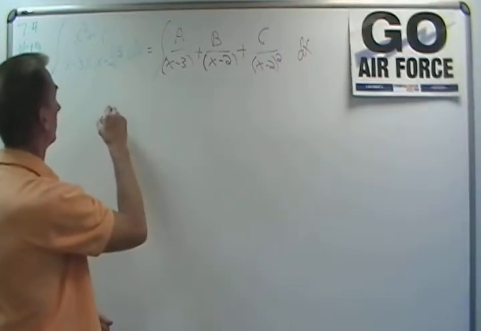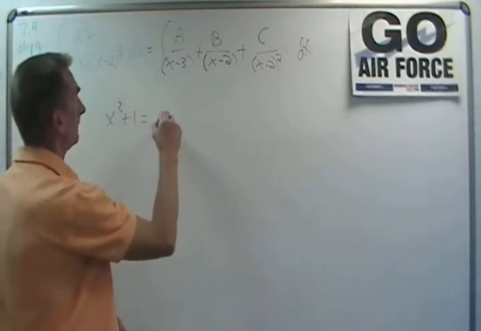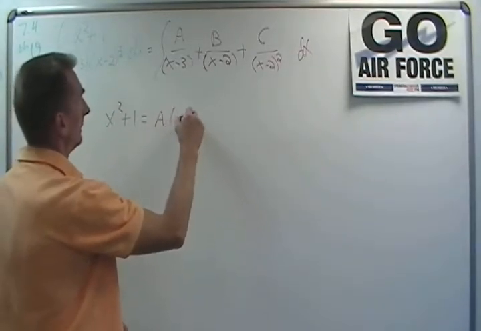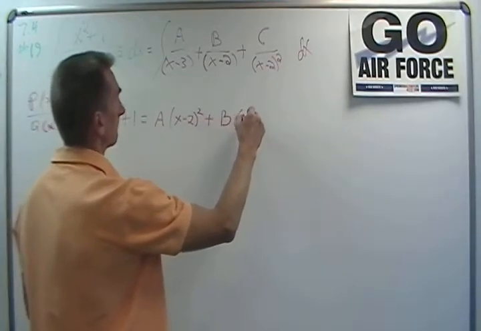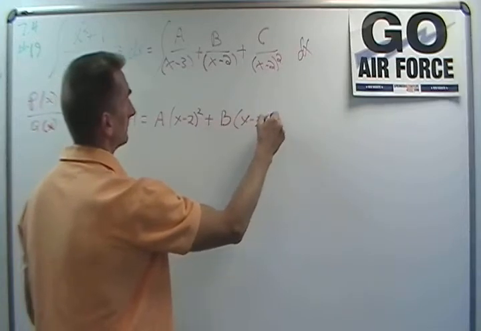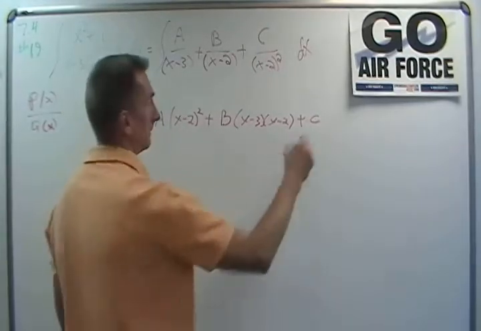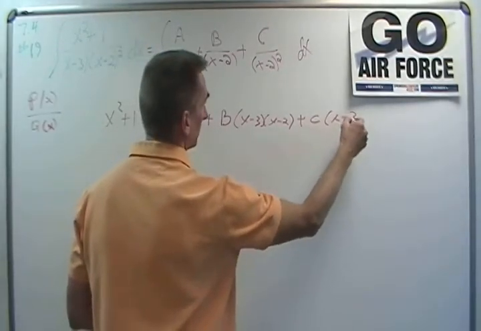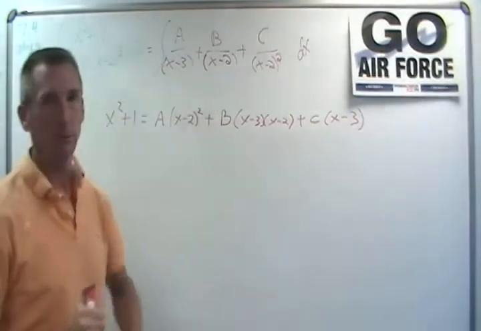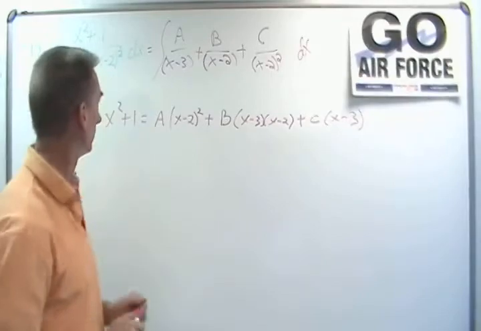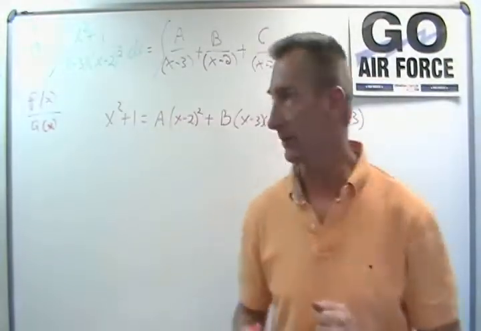So what I end up with is x squared plus 1 is equal to A times (x minus 2) squared plus B times (x minus 3)(x minus 2) plus C times (x minus 3). I'm sure you know enough about fractions to know how this works out. So now this is going to make it a little bit easier to find A, B, and C.